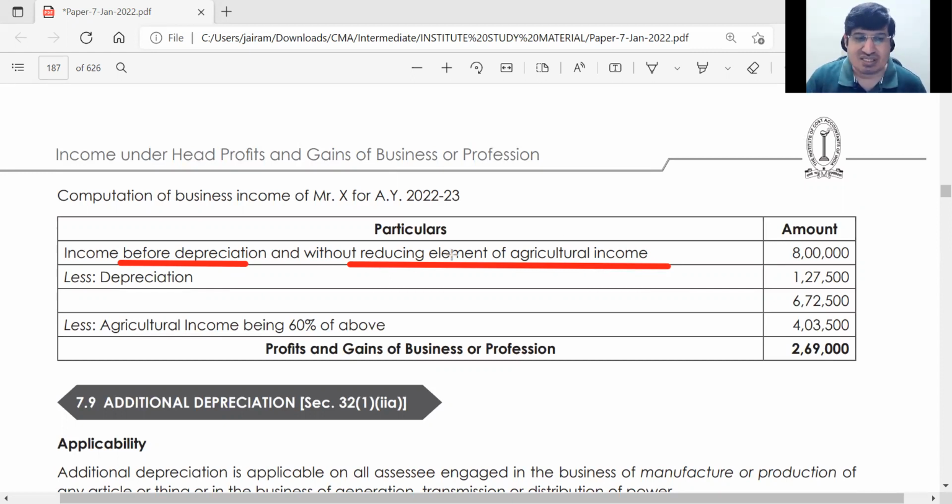Similarly this is income before depreciation. When you remove the whole depreciation, what you have got, 672, is no more income before depreciation. It is only income without reducing agricultural income. Now I removed the agricultural income, so this income became PGBP.